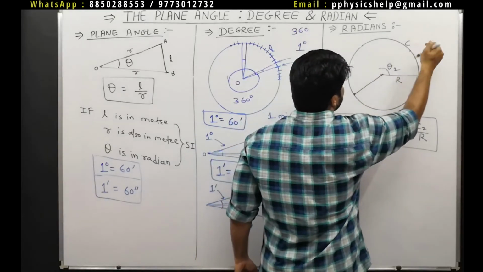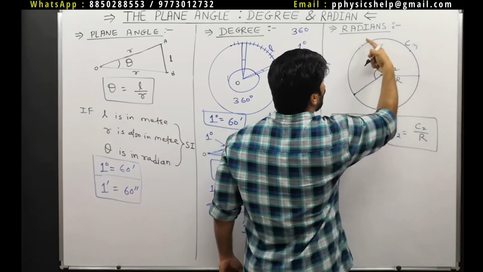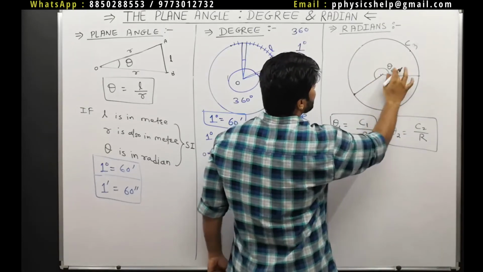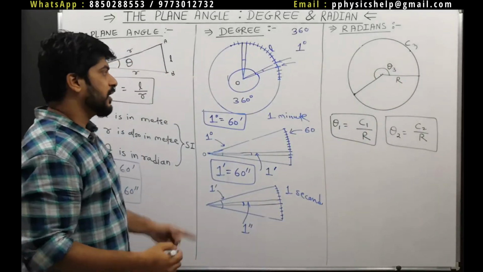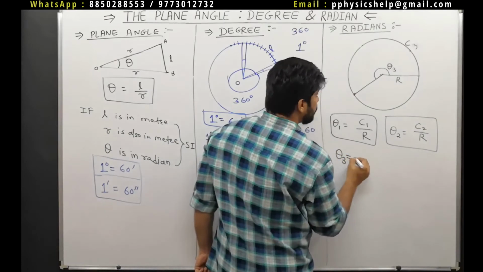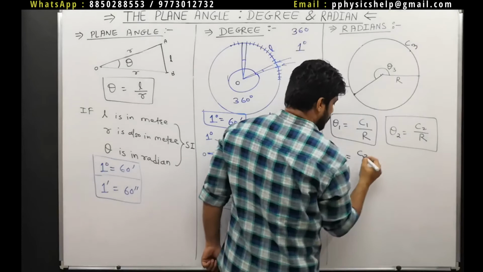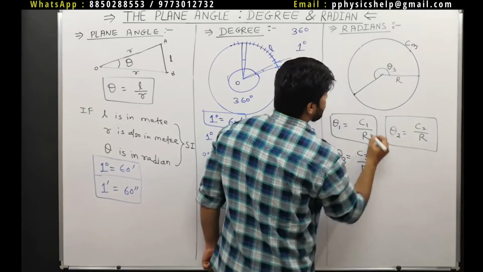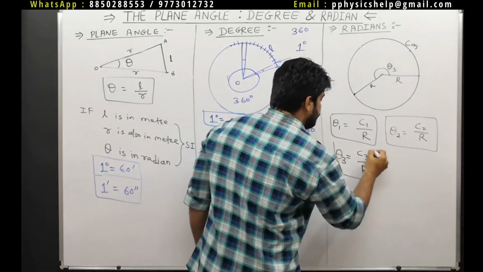Let's call this arc length C3, and let's say the angle subtended by this whole arc at the center is theta 3. Again applying the same definition, theta 3 is equal to C3 divided by r. This is r. So again we have another formula.